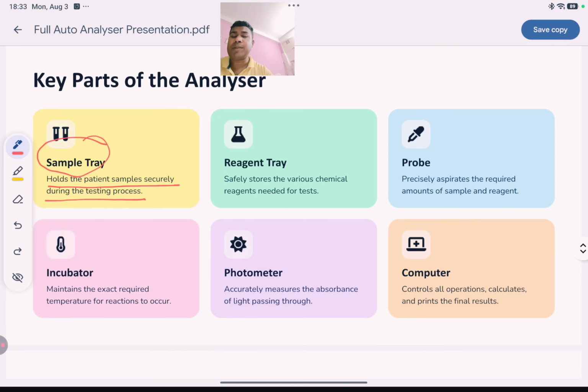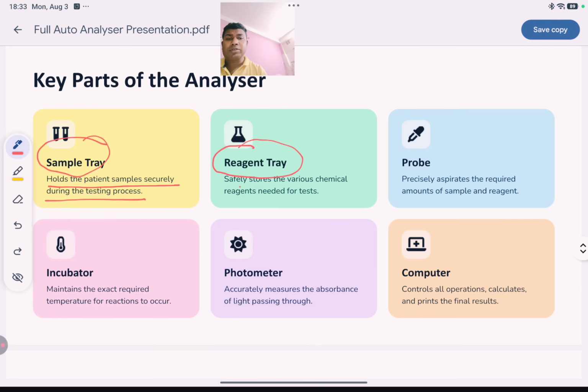And then the second part of the analyzer is the reagent tray. From the name itself, we can conclude that it holds the reagents which are needed in the analyzer. So we can say that it safely stores the various chemical reagents needed for the test.